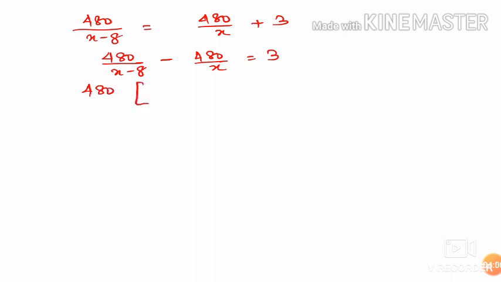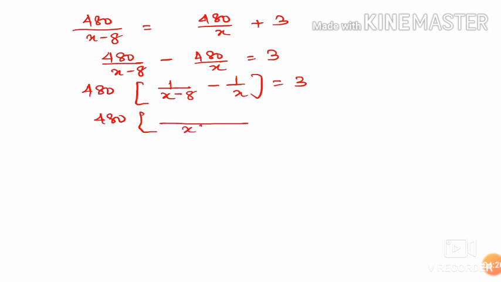We can take 480 common. We are left with 1 over x minus 8 minus 1 over x is equal to 3. Let's add the terms in the bracket. So you'll have to multiply x with x minus 8 and then cross multiply. So x minus 8. Now since there is a minus sign over here, we need to put x minus 8 in the bracket.